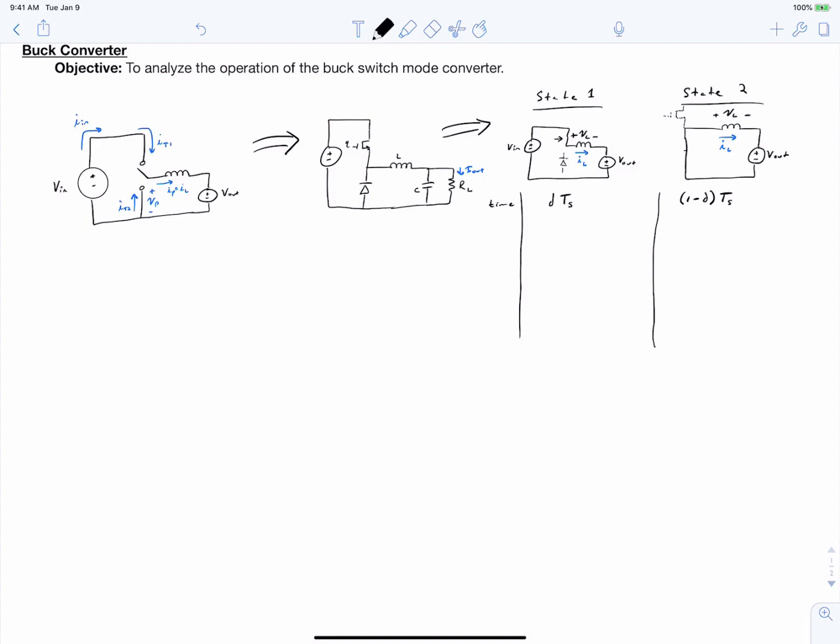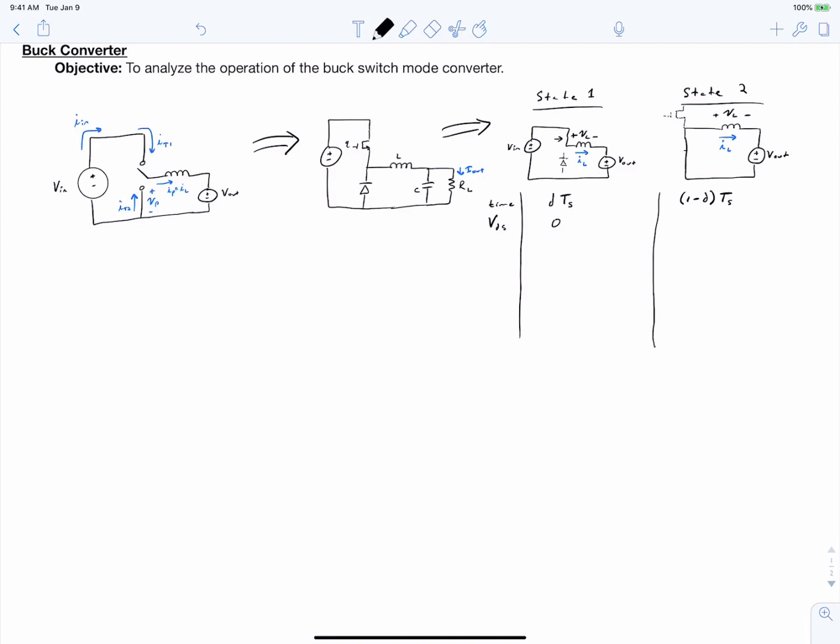When we're in state 1, we can write an expression for what the drain to source voltage is of our MOSFET, and if the MOSFET's conducting, we assume that this is 0. Or if you want to get very specific, you can say that it's the throw 1 current times the drain source resistance of the MOSFET. But for this analysis, let's assume it's 0.